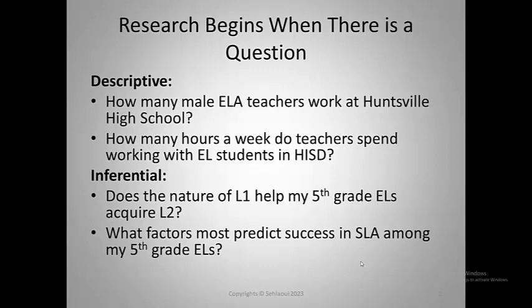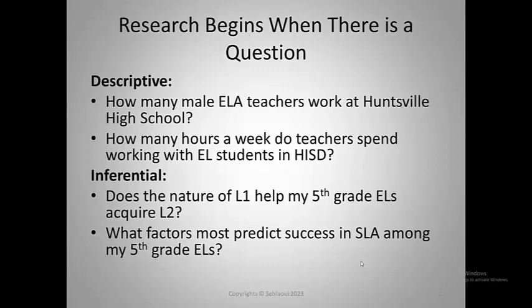Very basic descriptive study. How many hours a week do teachers spend working with their ELs in, for example, the school district? So you would do a descriptive statistical analysis to answer these questions. Inferential statistics, on the other hand, we have, does the nature of L1 help my 5th grade ELs acquire L2?